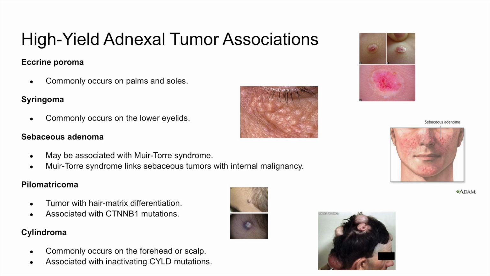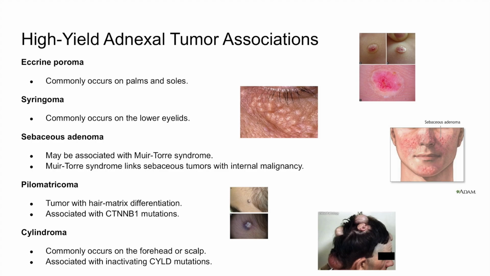So an eccrine poroma commonly appears on the palm or sole, while syringomas present as multiple small papules around the lower eyelids. A sebaceous adenoma can be a marker of Muir-Torre syndrome, a variant of Lynch syndrome that connects sebaceous tumors with mismatch repair deficiency and internal malignancy.